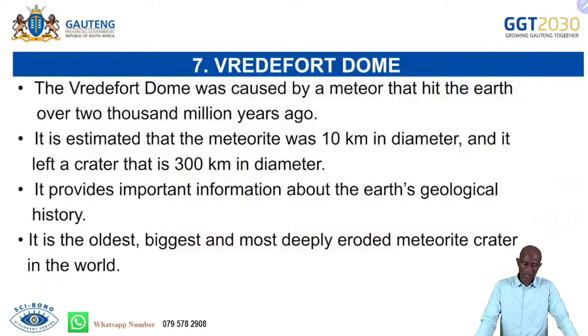The Vredefort Dome was caused by a meteor that hit the Earth over 2,000 million years ago. So its existence owes to the fact that the flying stars hit each other some 2 million years ago, and the end product was this massive rock dome.